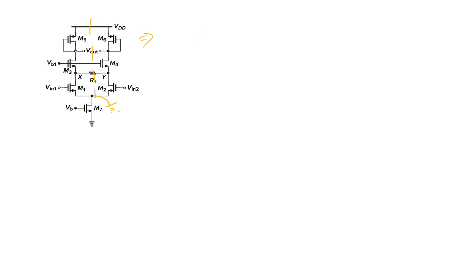Here the output is present, and let's solve this problem intuitively. Okay. This is the diode connected structure here. This is the current source, and this is my input transistor.